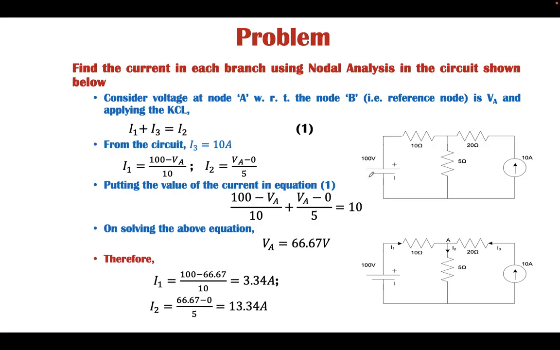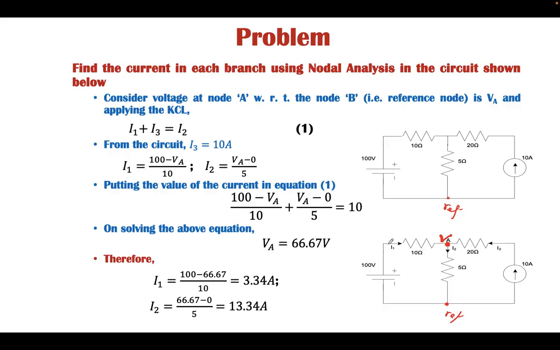Now consider an example. In this case there are two sources and three elements. Applying nodal analysis, we consider this node as reference, and this node is taken for the KCL equation. The voltage at this node with respect to reference is VA.